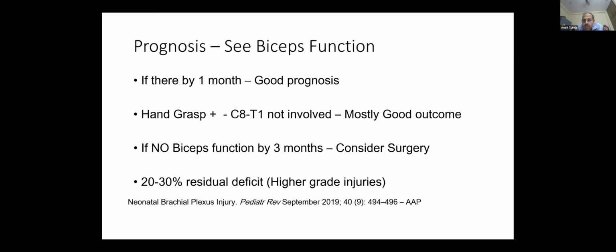So mostly upper fibers are involved, and they have a good outcome. If there is no biceps function by 3 months, then mostly this baby will go to surgery. They consider surgery if there is no biceps function by 3 months. And in high grade injuries, there may be 20-30% residual deficit.